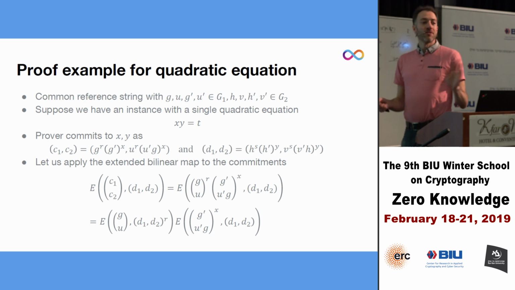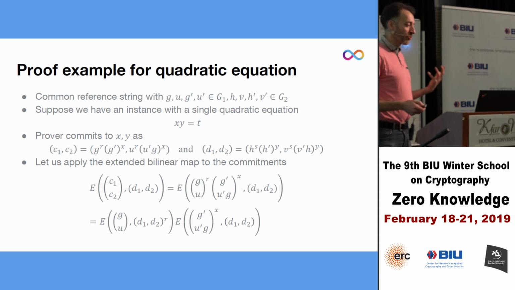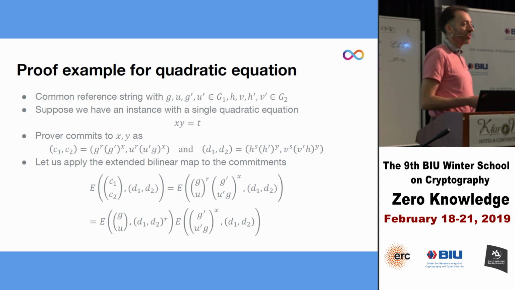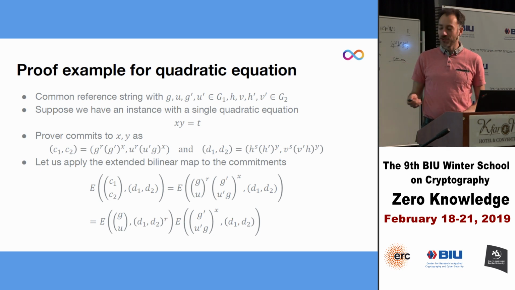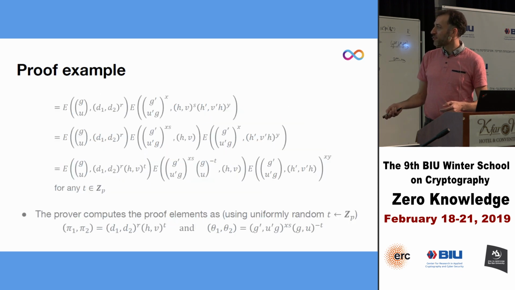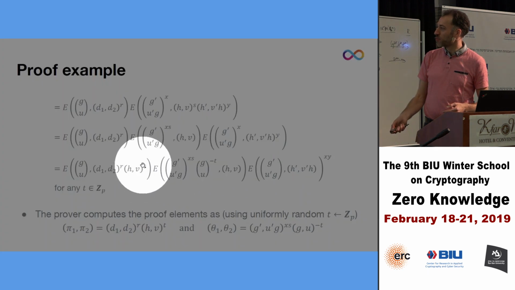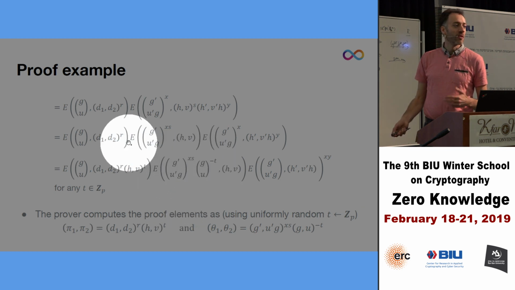Okay, so how do we build the proof then? Well, take this example here. We commit to the values. We plug them in to this extended bilinear map. Do a lot of math on that. And we get out in the end some proof elements, a pair of proof elements here, a pair of proof elements here. So it'll be a 4-group element proof.